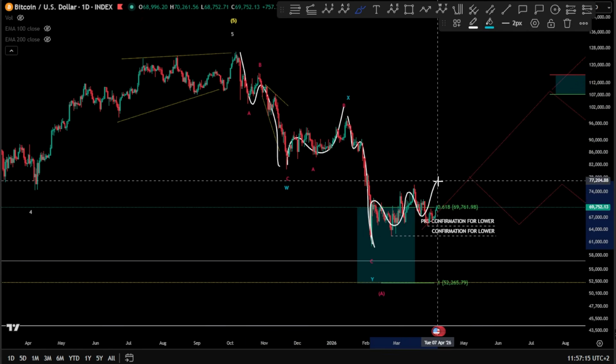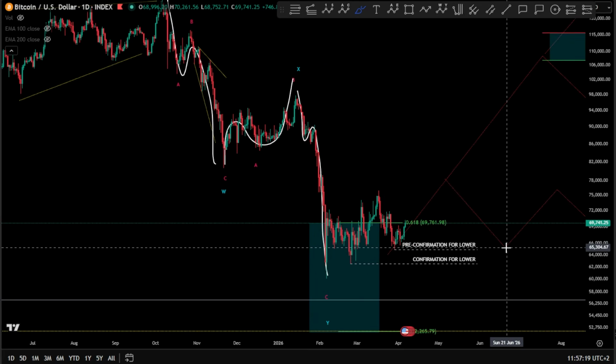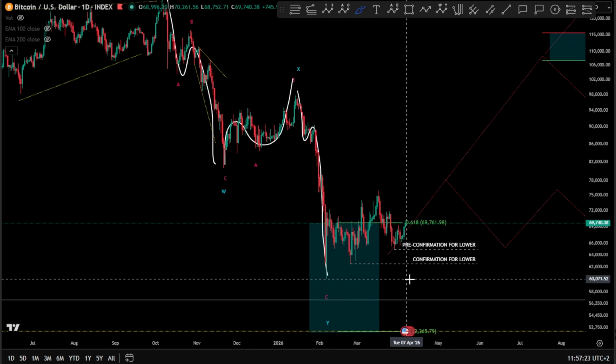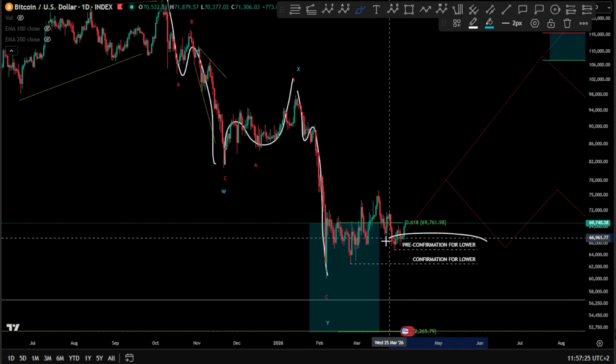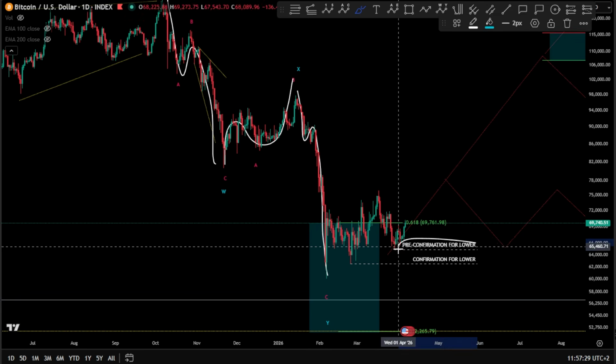Now, currently, we see this sideways range for a very long time here, and we are still estimating the two possibilities. As you can see, the pre-confirmation for lower was given lately, but it was not taken.